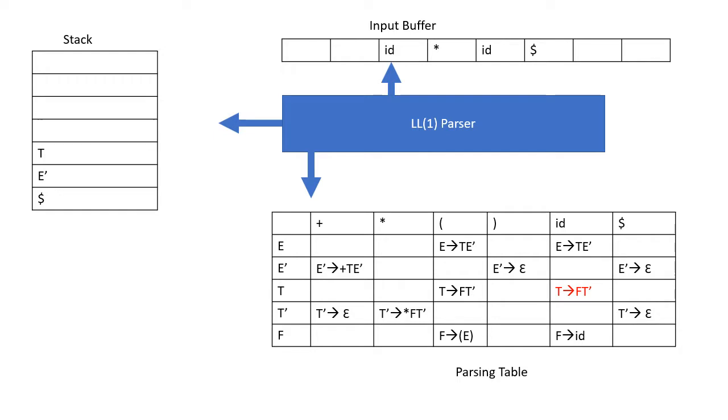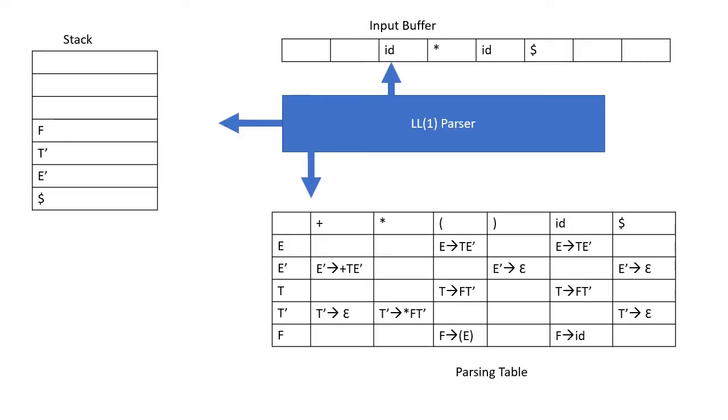So this is where we are now. Now again T and ID. T is here, ID is here. So it matches this particular production. This is again a generate. T will be replaced by F T dash. Now again F and ID.